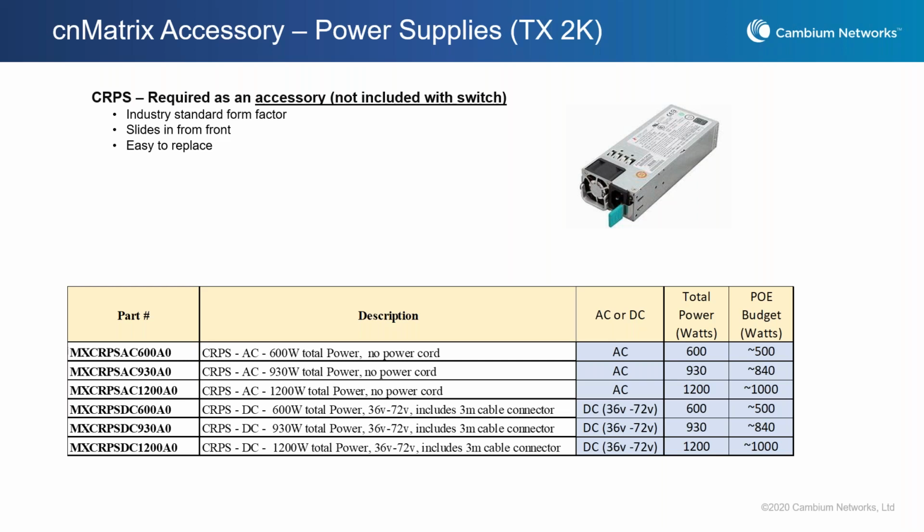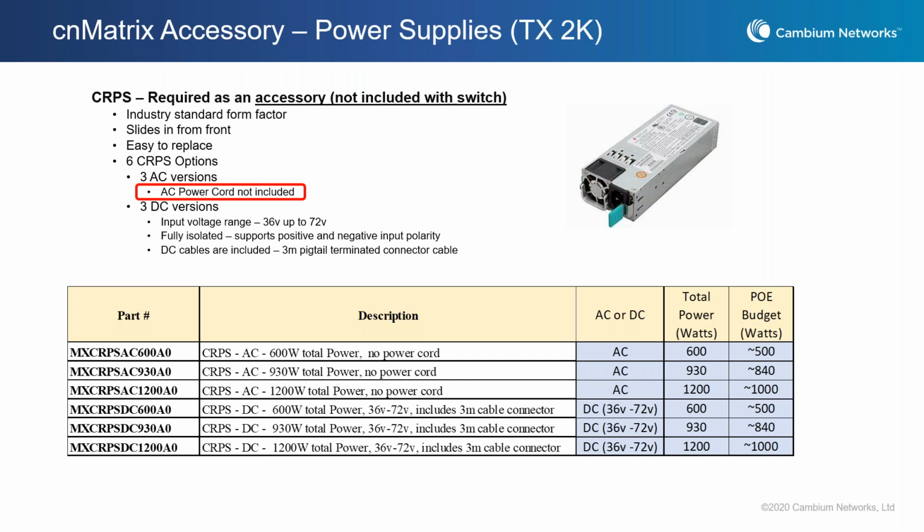So we offer 6 different types: AC power supplies, DC power supplies, with different amounts of PoE power budget. We have 600, 930, and 1200 watt supplies that you can choose from. So you buy the switch and then you buy one of these power supplies separately. I really want to make sure it's clear, the power supply does not come with the switch. You need to order it as an accessory.